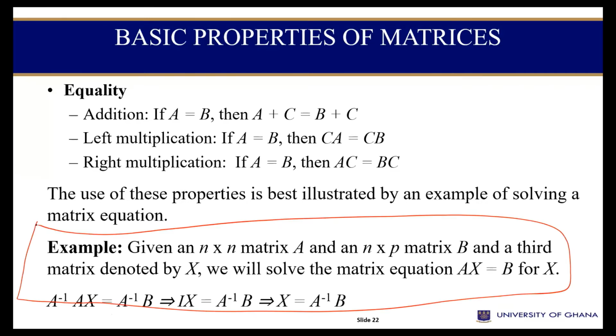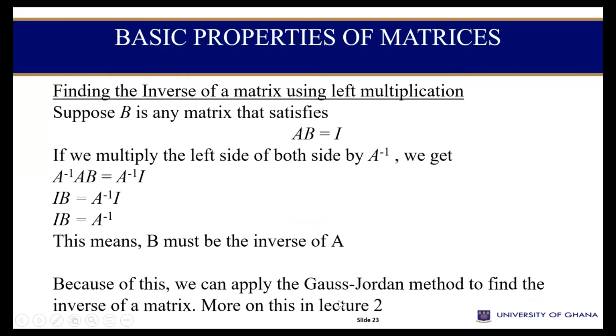Given that matrix A is n by n and matrix B is n by p, and a third matrix is denoted by X, we will solve the matrix equation A times X equals B for X. Also, I've indicated already that an inverse of a matrix times any given matrix gives an identity matrix, which is IX here, and an identity matrix times any given matrix gives the matrix. Therefore, X in this form is equal to the inverse of A times B. Good.